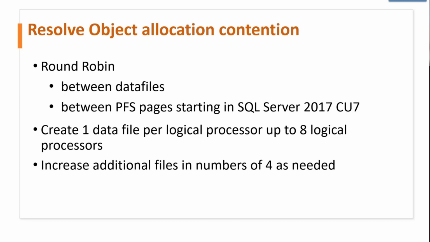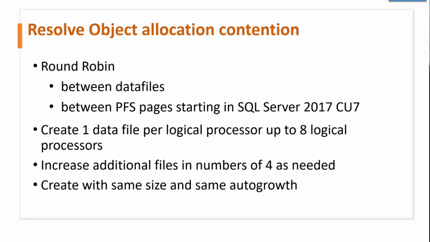So you add 4, you have 12 now. Again, check for contention. If you see contention, keep adding 4. At some point, you will see that contention is mitigated. You may not be able to resolve this contention completely, but you should find that sweet spot where you can mitigate this contention.